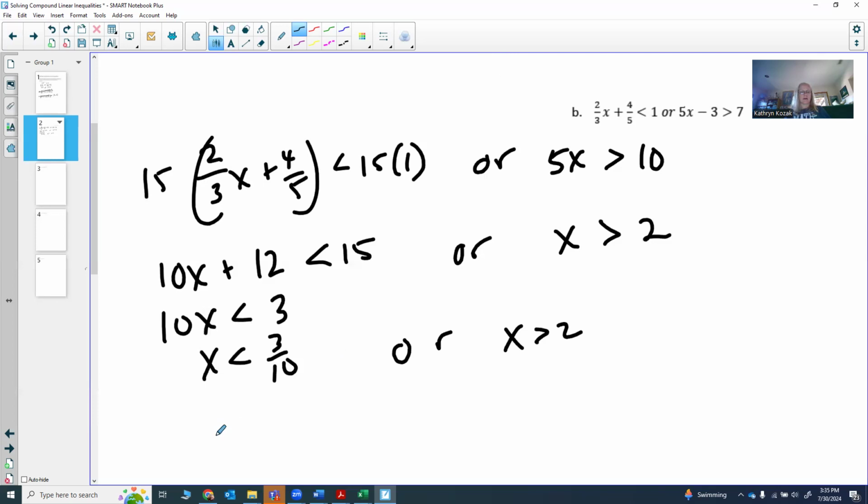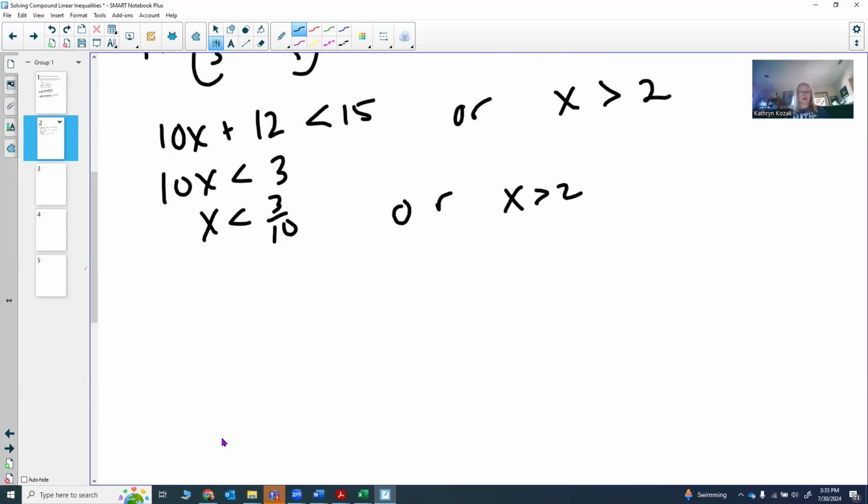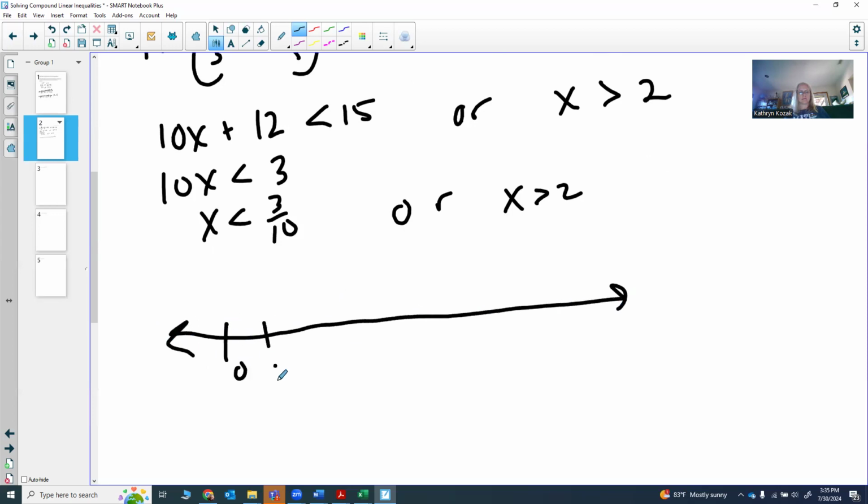Graphically, these look like the following. Drawing a number line. X is less than 3/10. 3/10 is about here, and it's just less than, so it'd be shaded this way, down. And greater than 2 is going this way.